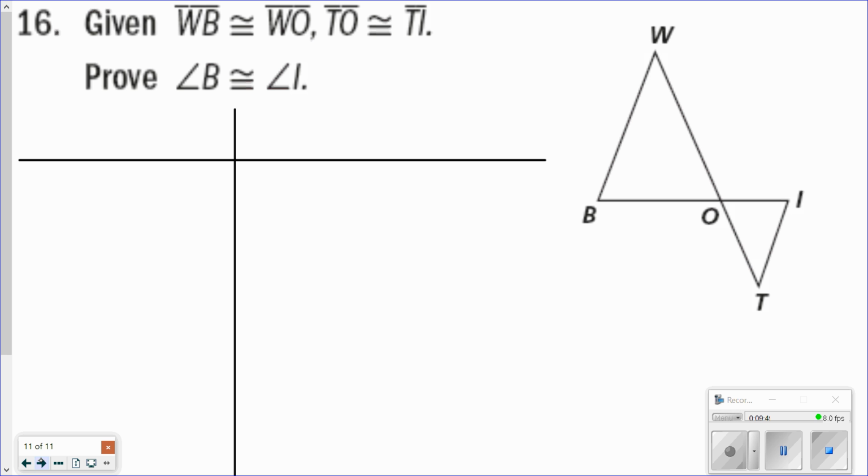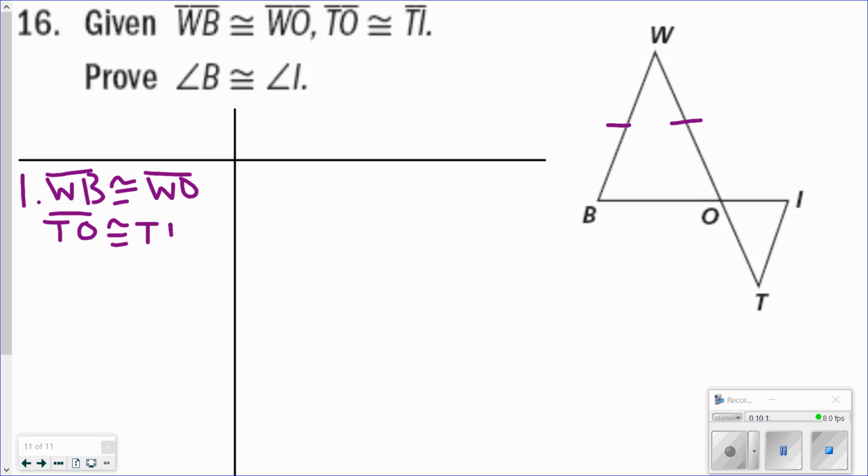Well, it's my given. So I am given that WB is congruent to WO. I'm going to mark that here. So WB is congruent to WO. And I'm also given that TO is congruent to TI.